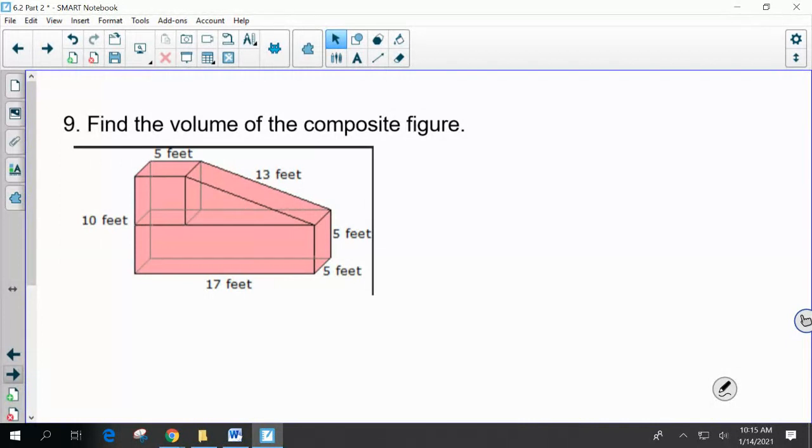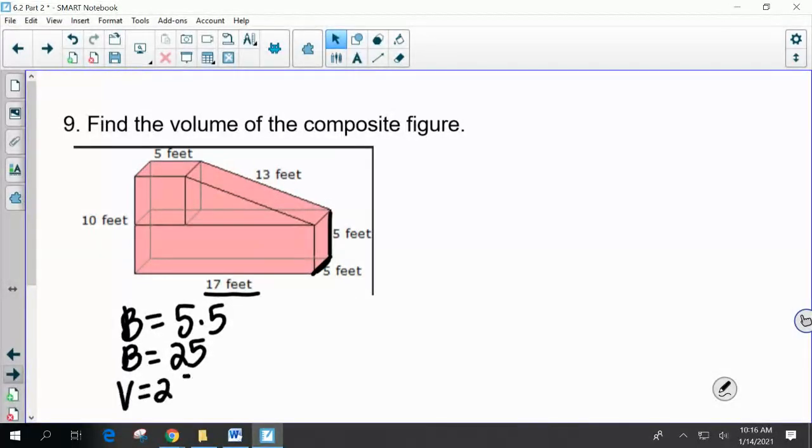So let's look at this bottom rectangle. You're going to use 17, 5 and 5. So capital B could equal 5 times 5, which is 25. And then you're going to take 25 times 17. 425.